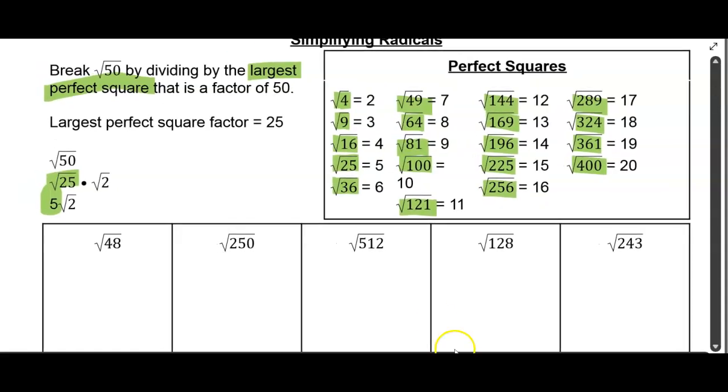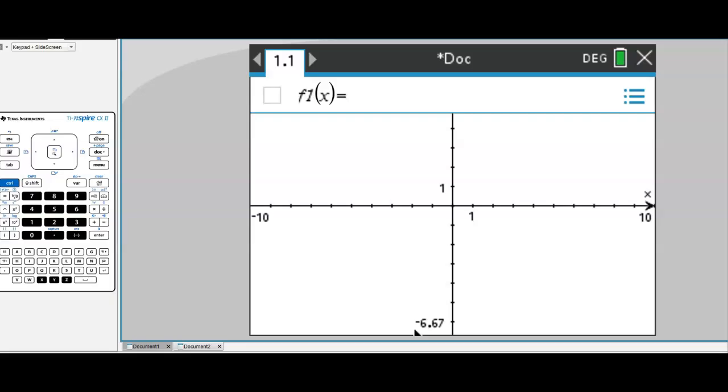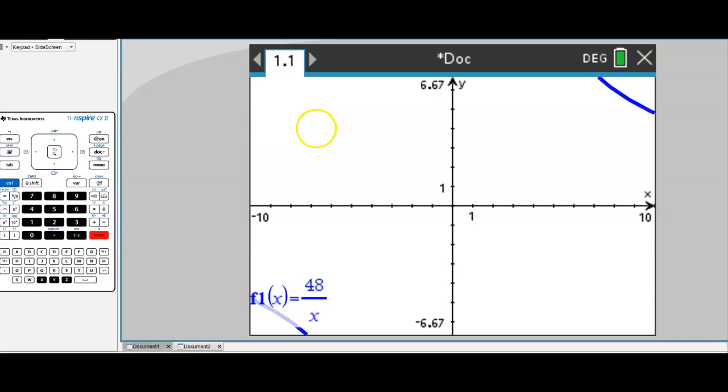Hopefully I didn't change anything. And we are going to go to, sorry about the number, 48 divided by x. Dividing by x is just going to make my calculator divide 48 by every single number. Now press enter, you'll see your graph, but we actually don't care about the graph.